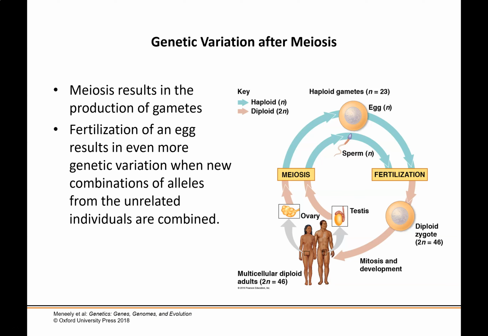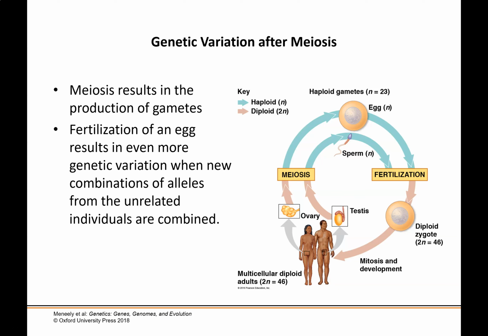So we have genetic variation in meiosis coming from 3 different places. We have the arrangement of the chromosomes at the metaphase plate. Then we have the crossing over that shuffles bits and pieces of parental chromosomes. And then when that gamete that was produced from meiosis is fertilized with another gamete, you're going to get even more genetic variation.